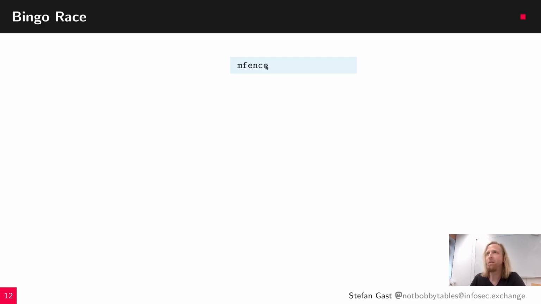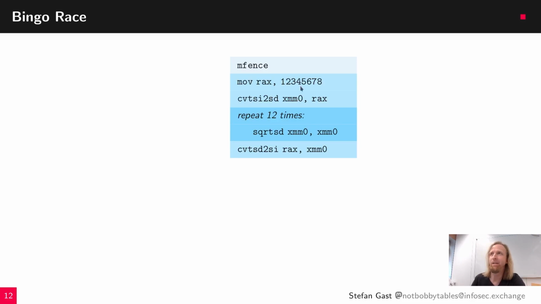So how does it work? Well, okay, first of all, we drain the pipeline just as prior work did. Then similar to prior work as well, we have a dependency chain, in that case delayed by a square root SD instruction, which then is converted into an integer.